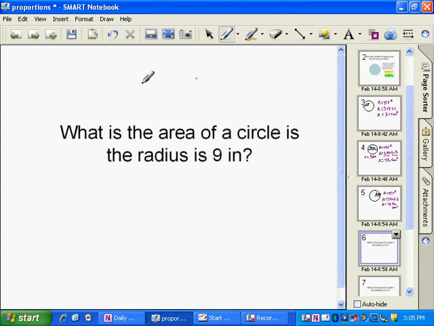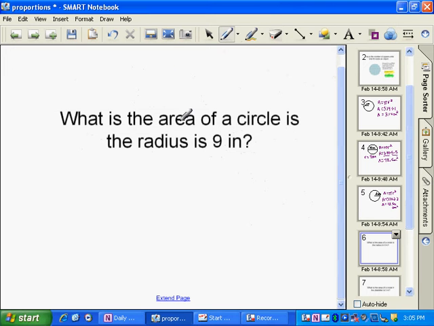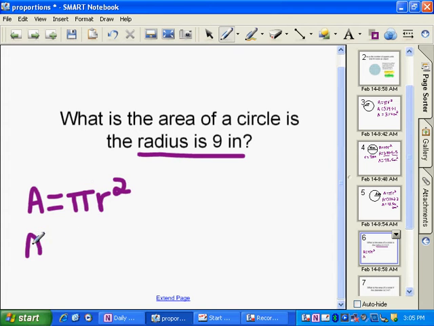Now, sometimes we don't have pictures when we're doing these examples, so we have to read the information and pull it out. It says, what is the area when the radius is 9 inches? So area is equal to pi r squared, which is 3.14 times 9 times 9.